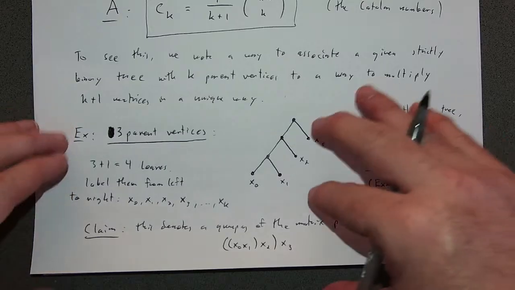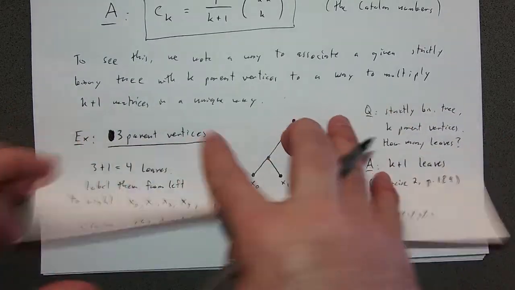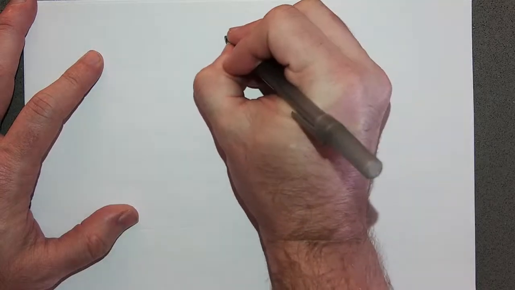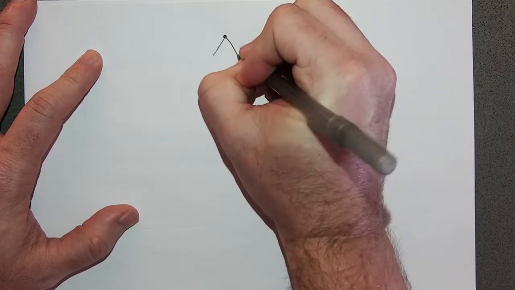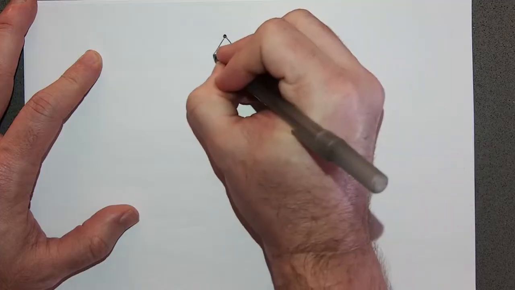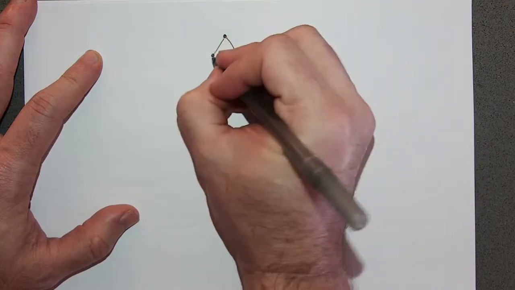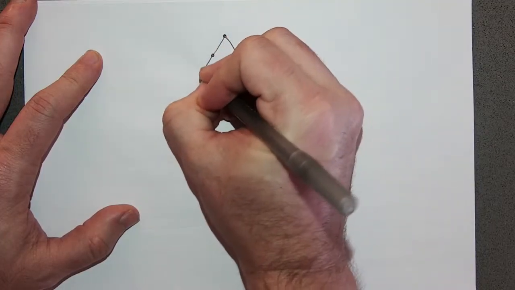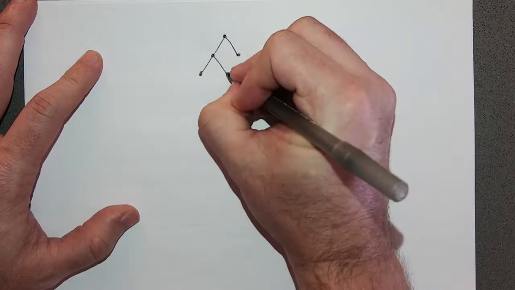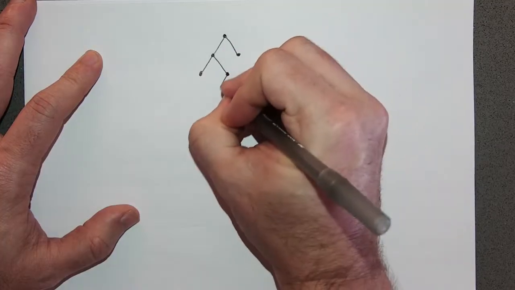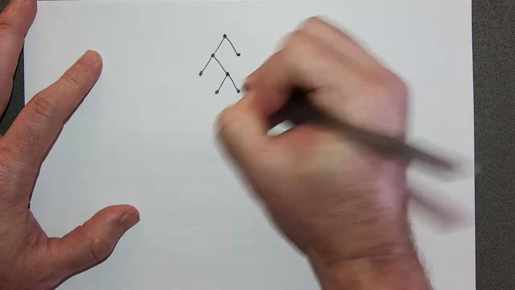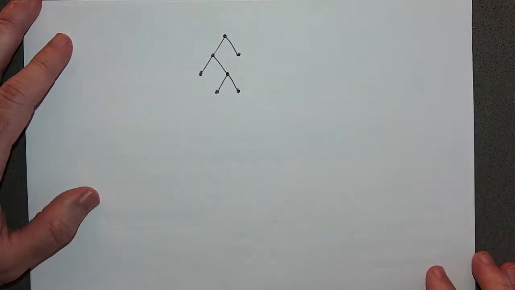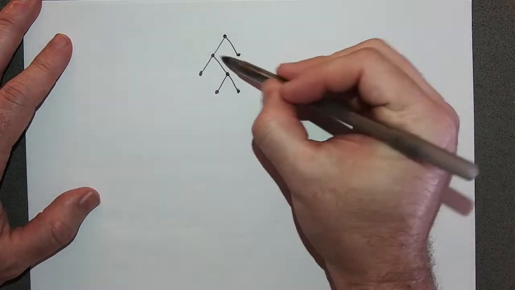Let's do another, also with 3 parent vertices, to see how this works. So the three parent vertices are here, here, and here.